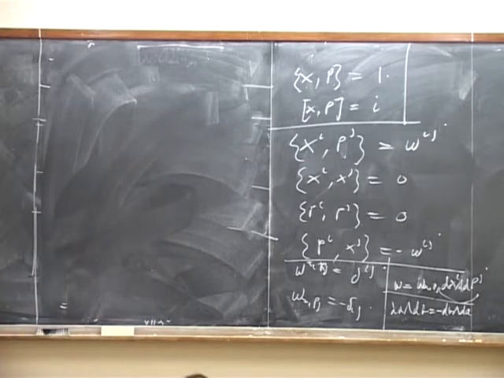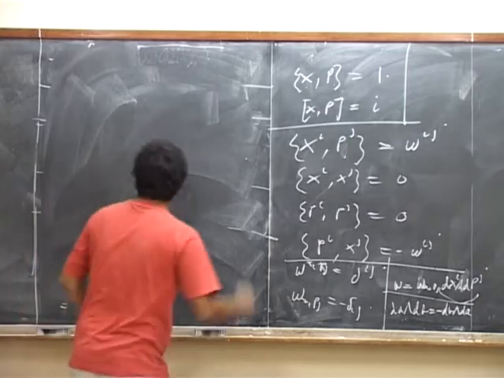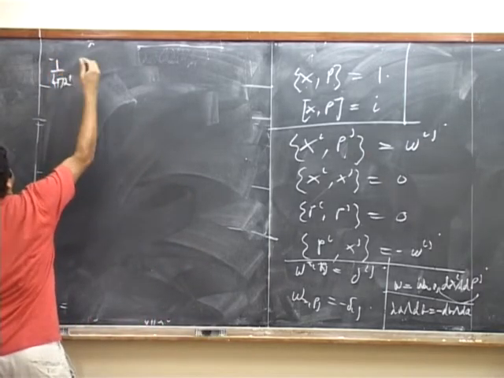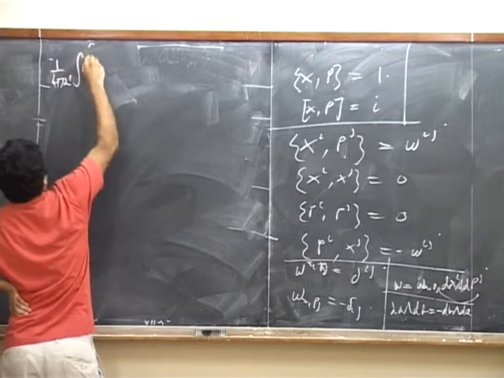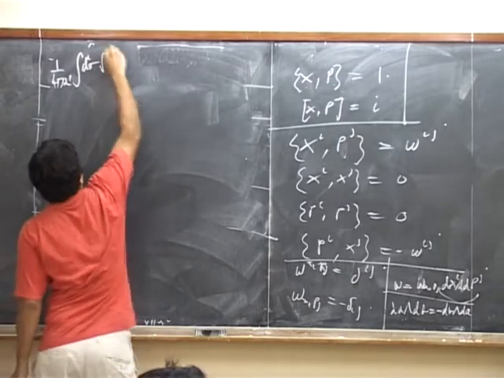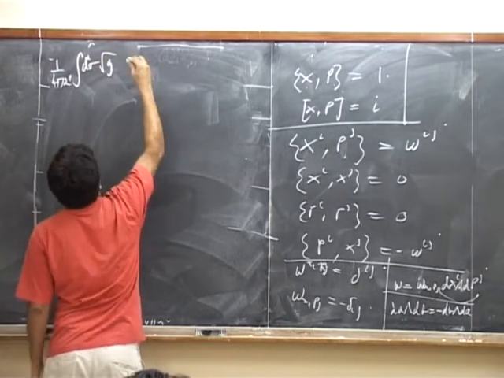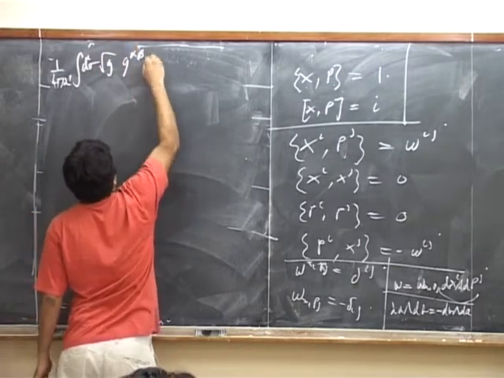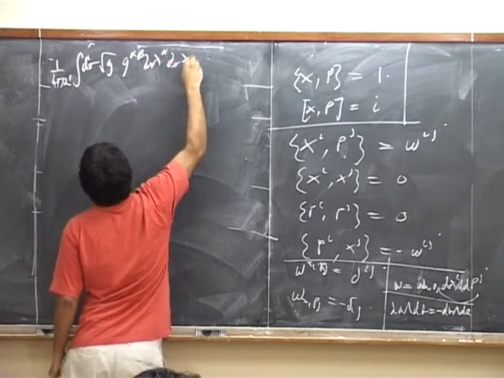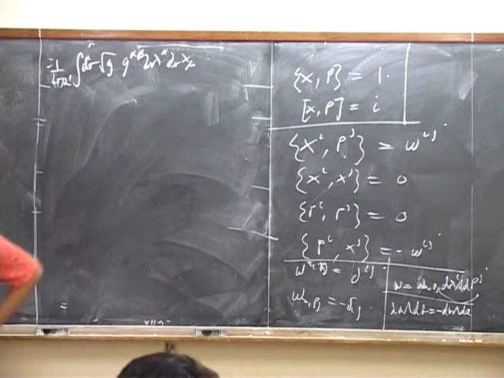Okay. We work in the gauge that we're working in. Okay, what was our action? Well, our action was 1 over 4 pi alpha prime, integral d^2 sigma. Now okay, let's say even before fixing the gauge, that was g^{alpha beta} del_alpha X^mu del_beta X_mu, and that's a minus.